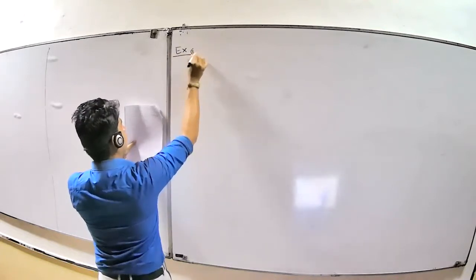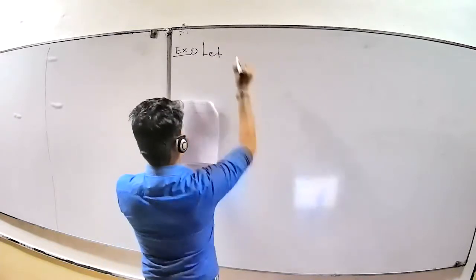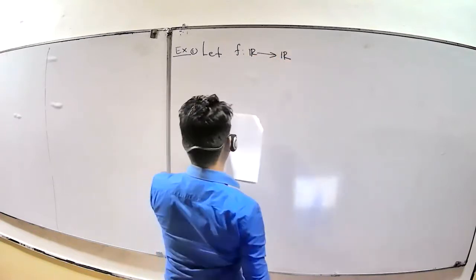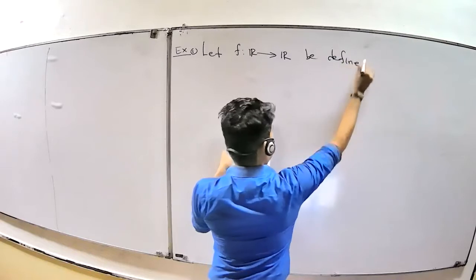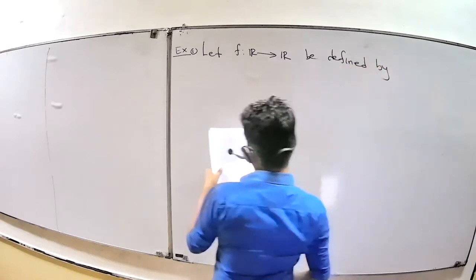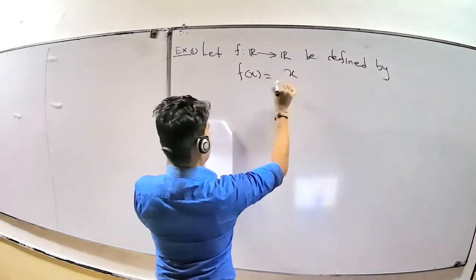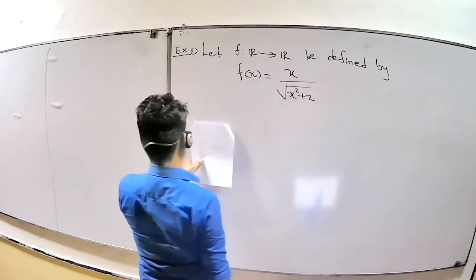Let f from real numbers to real numbers be defined by f of x equals x over the square root of x squared plus 2.